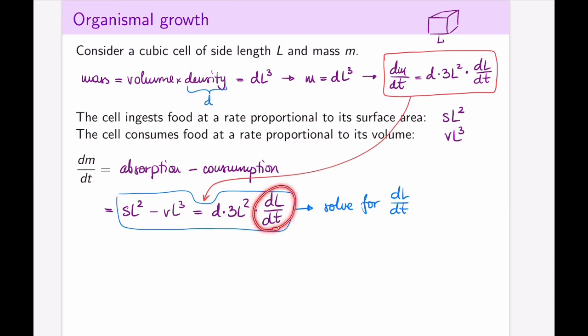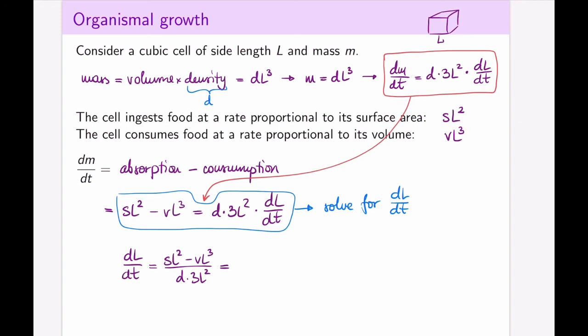I'm going to isolate this term, and that means I'm going to divide both sides by d times 3l squared. So altogether, dl by dt is equal to sl squared minus vl cubed all over d times 3l squared.